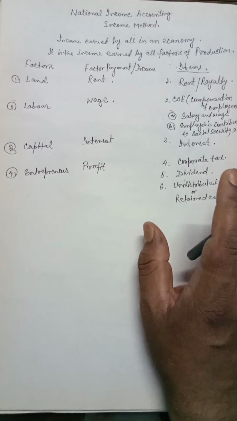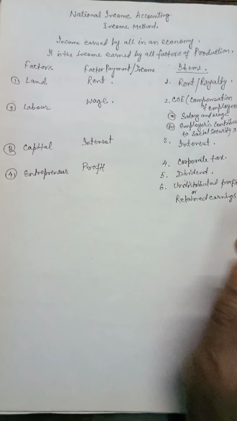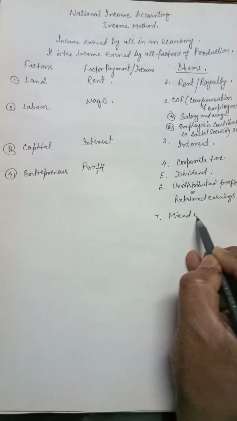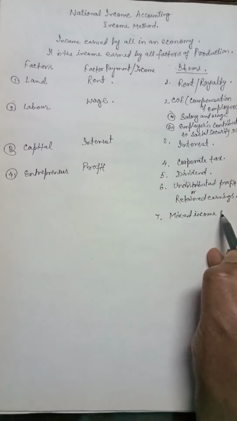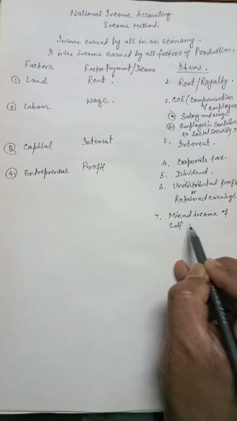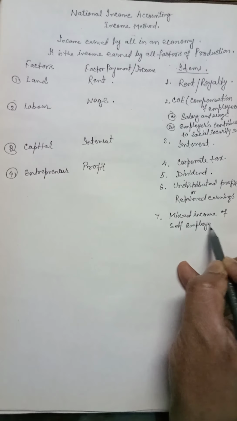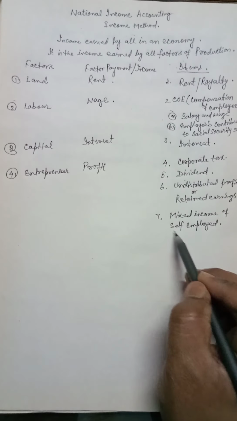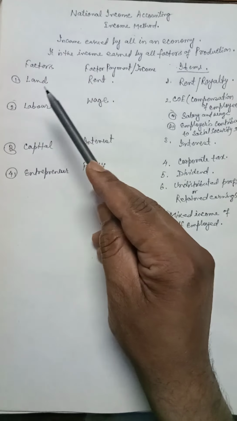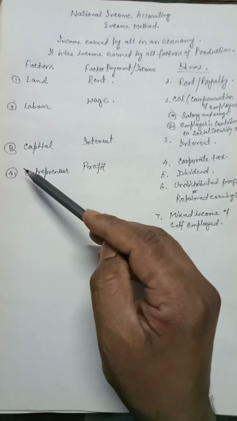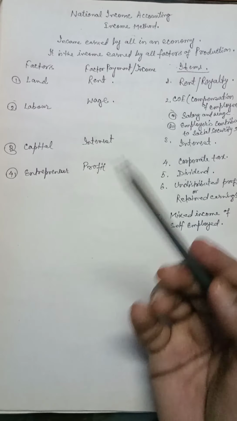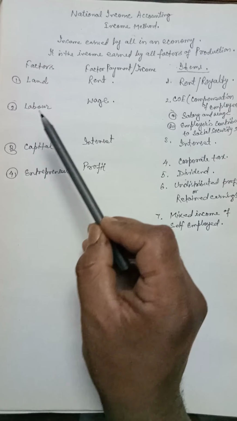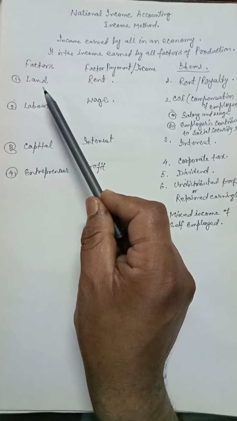But along with that, there is one more item which we have to include, that is mixed income of self-employed. This is the income earned by those people who don't fall in any of these factors, because they have several sources of income. It may be possible that they are earning as a capitalist, and maybe they are involved as a landlord.